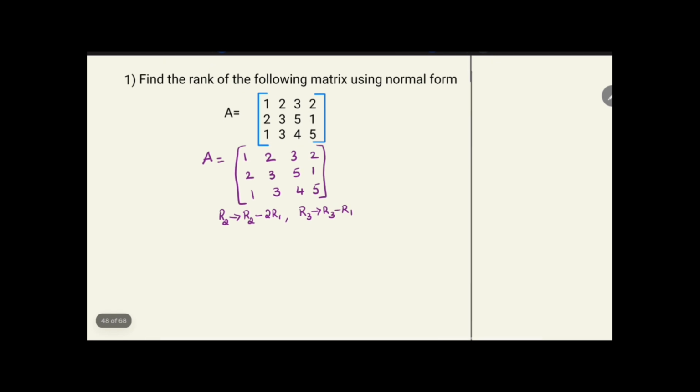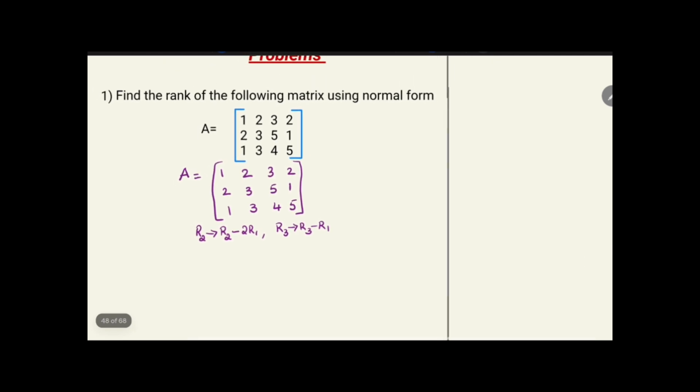Now let's see here, students. R2 implies R2 minus 2R1. What is the first element of R2? It is 2 minus 2 into the first element of R1, which is 1. So 2 minus 2 is 0. The second element of R2 is 3; 3 minus 2 into the second element of R1, which is 2.